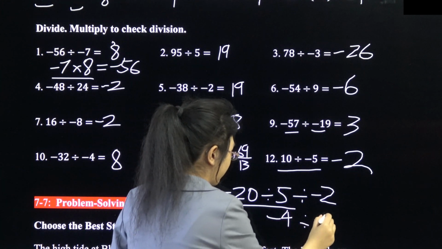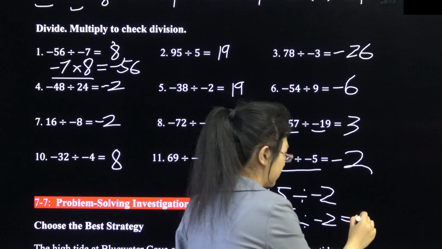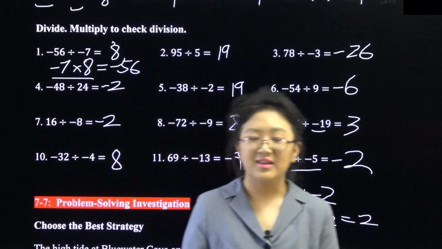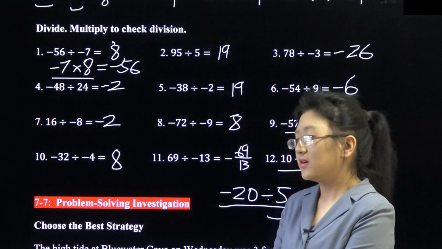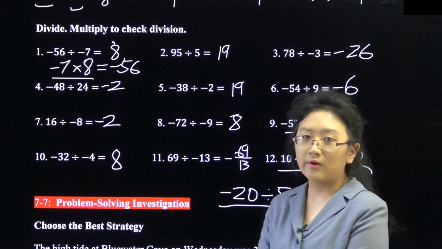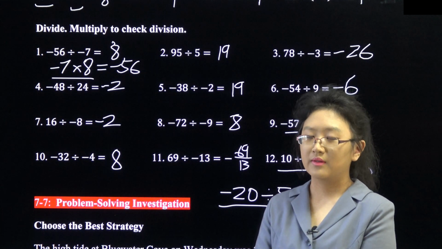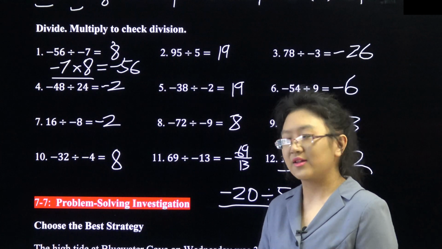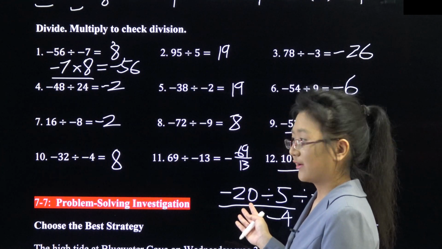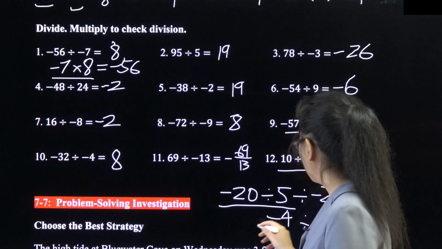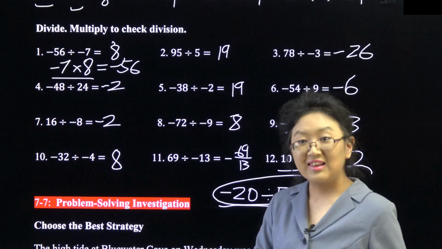And then negative 4 divided by negative 2, well, the signs are the same, so it will just end up as positive 2. It's not so much that the signs are different as whether there is a sign to pair up with. But if the signs are different, then it's going to be negative. At least for this grade, because usually you don't have long trails of division. At least not in grade 5.